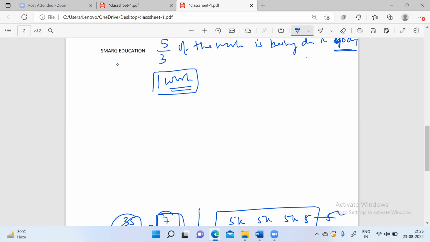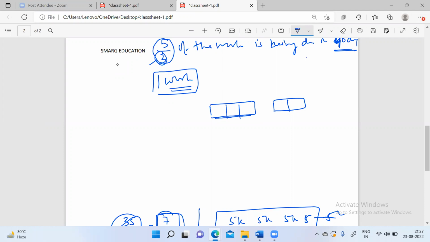Don't make it a mixed fraction. Just think that when the work is divided in 3 equal parts, the denominator is always the whole. So he did all the 3 parts and 2 more similar parts. So he did more than one work. 5/3 is greater than 1, na?